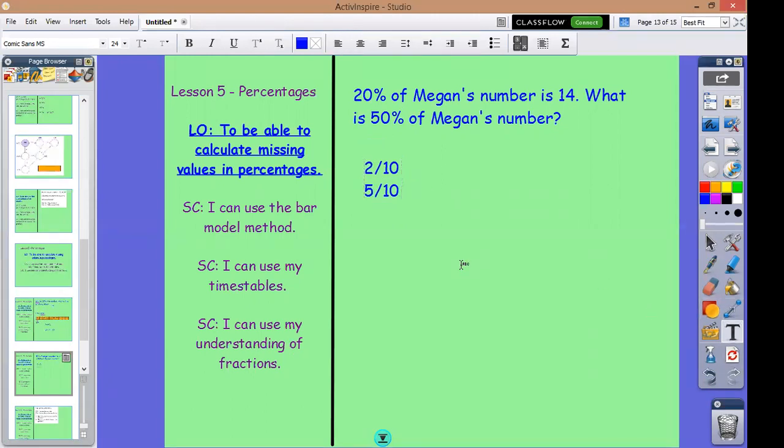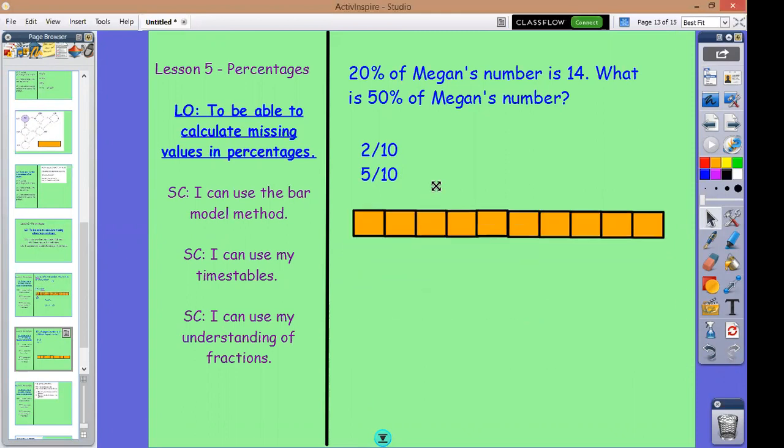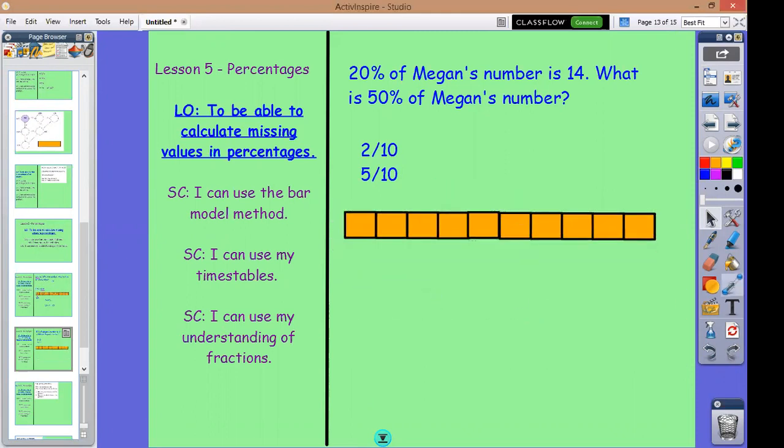Okay. So I'm going to draw my bar model method again, just here, and then let's just move this all up. And then going to think about it. So I know that we're looking at 20%. That's my 20%. I know all of that equals 14.